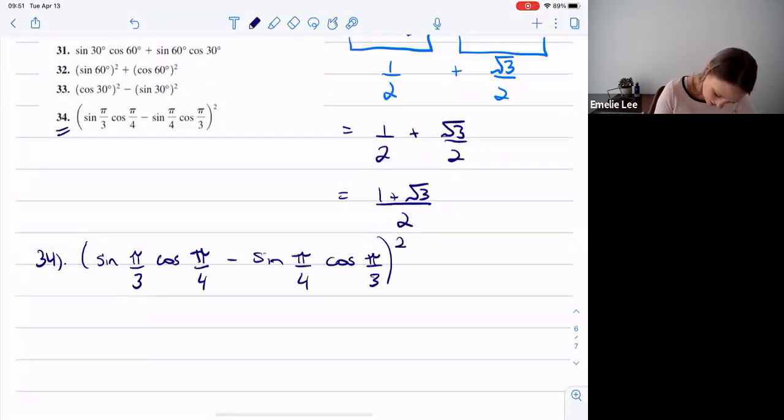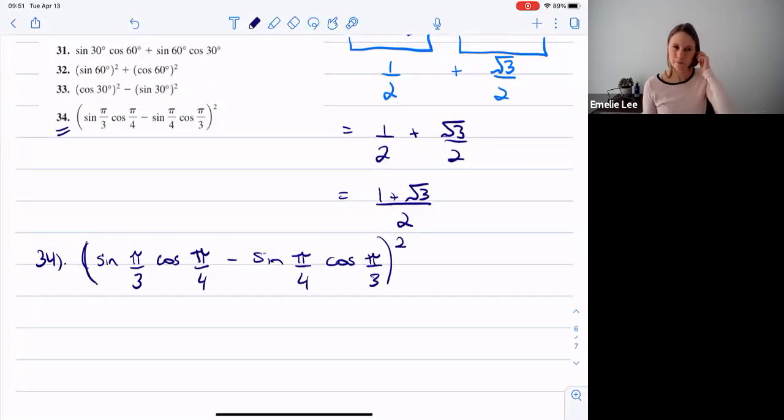And then at the end of the day, it's all squared. Okay. Notice that these aren't the same angle, right? But I've got the sine of pi over 3, and I also need the cosine of pi over 3. I've got the cos of pi over 4, the sine of pi over 4. Some of these, from working with the unit circle so much, we just kind of know, right?